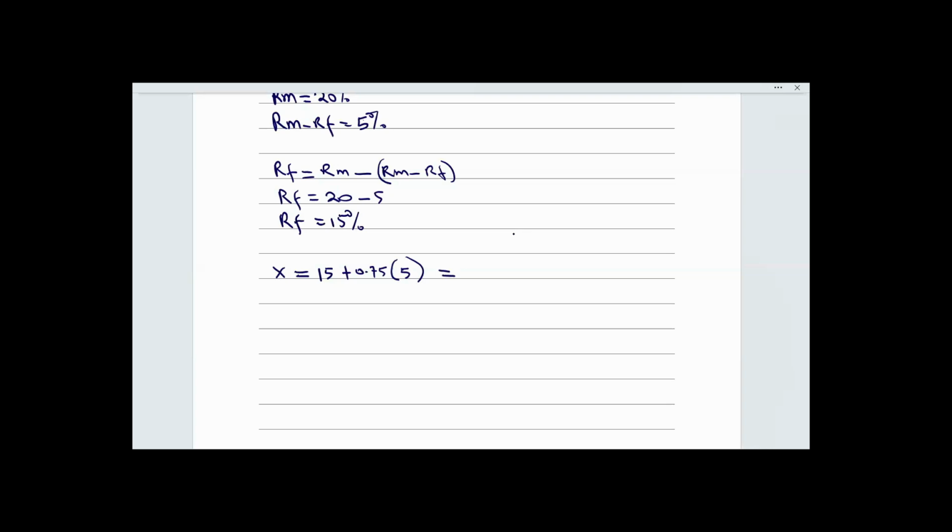Therefore, 0.75 multiplied by 5, then plus 15, equals 18.75%. So the expected return of security X is 18.75%.